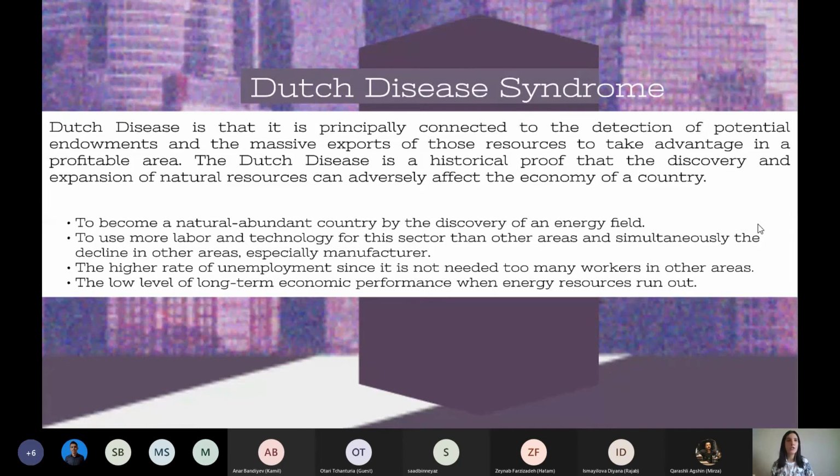And according to research, that gas field will finish in 2028, if I'm not mistaken, and that's why they reduce their economic limit. They reduce their petroleum and gas extraction and production, and they give attention to other sectors. This is the best case for Dutch disease, that they survived.